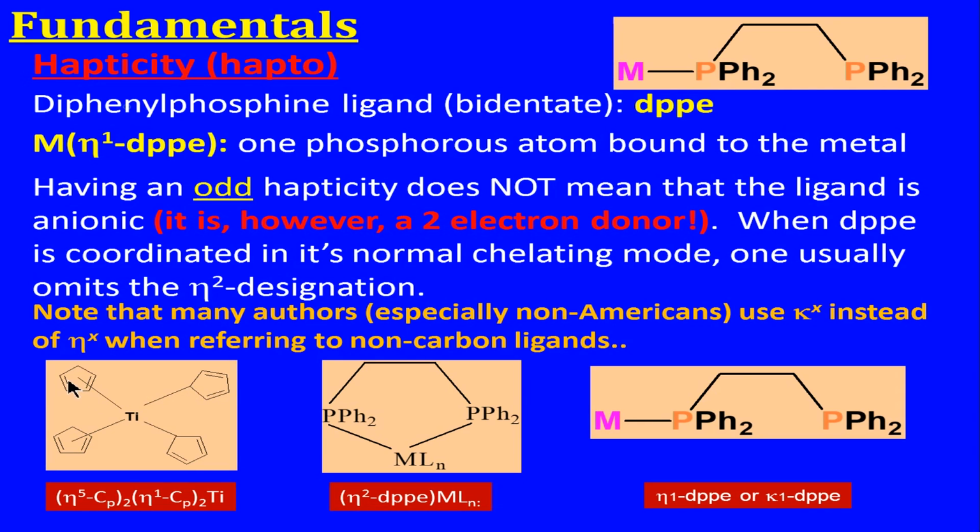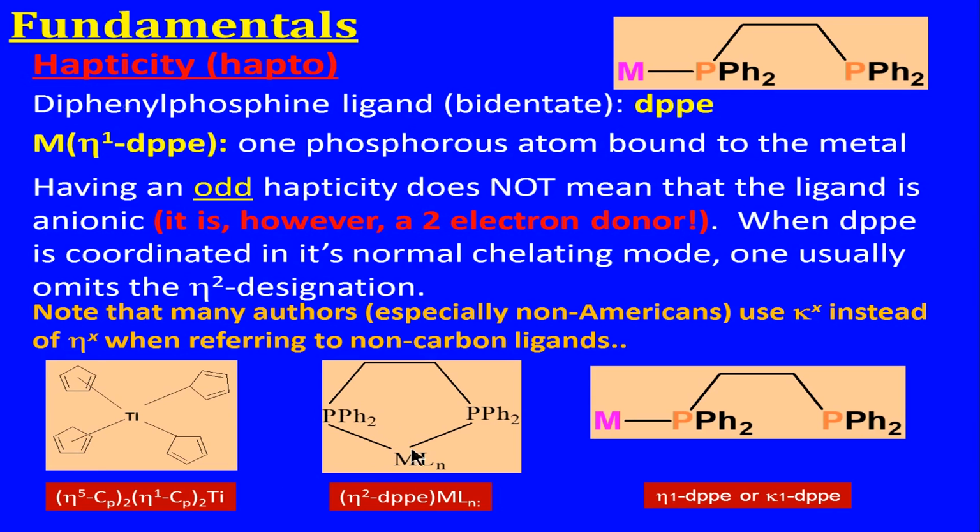In the second, it's bound to all atoms in the ring, so this is hap5 Cp. So we have two ligands Cp hap1 and two ligands Cp hap5.